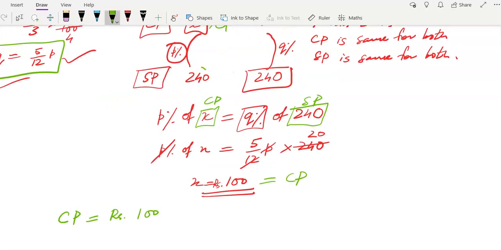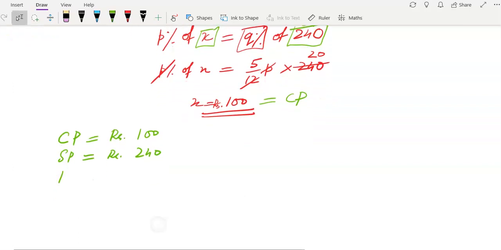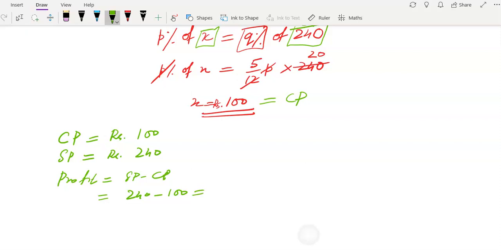SP is given as 240. So our profit will be how much? Profit, we know it's SP minus CP. So 240 minus 100 is equal to 140. So rupees 140 is our profit.